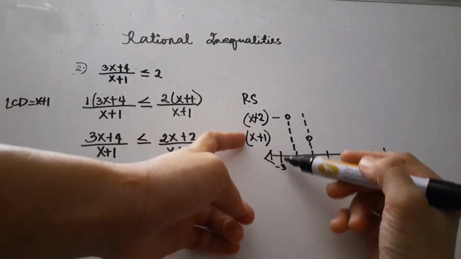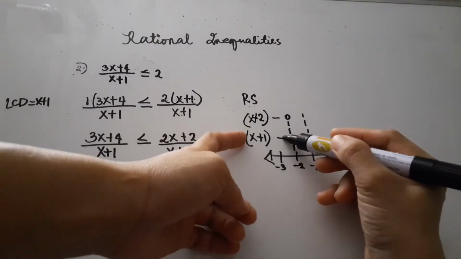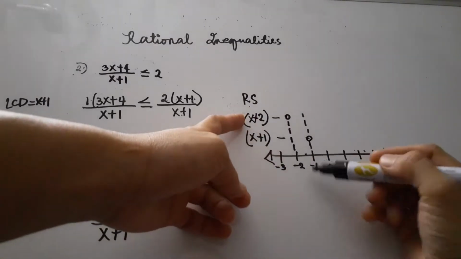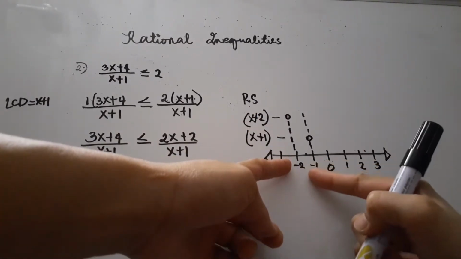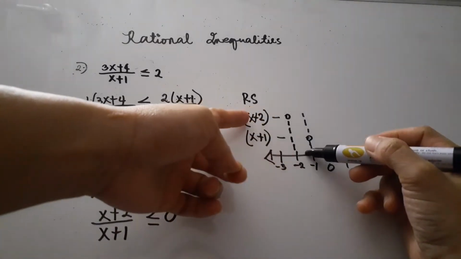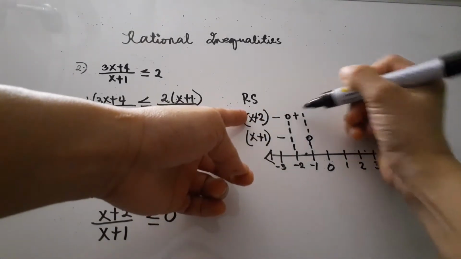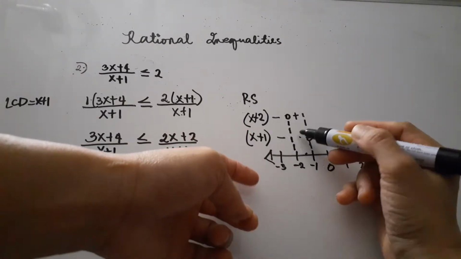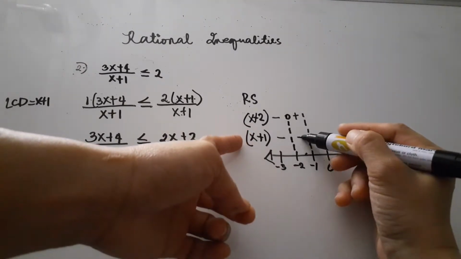So we have the value of x is negative 3, plus 2, it is negative since the larger value is negative, so all is negative. And then in these sections, we can pick the number in between negative 2 and negative 1. So it is negative 2 and negative 1.5.